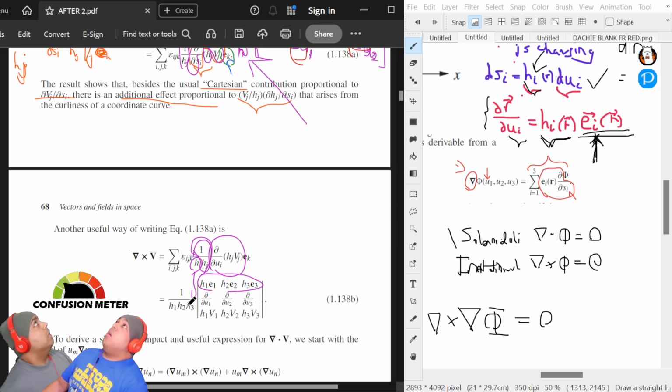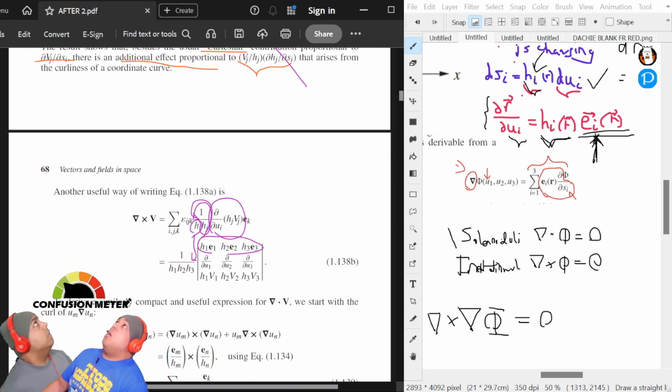Oh, why not the other way around? I think I get why. To derive a similarly compact and useful expression. Yeah, this is kind of pleasing to the eye.